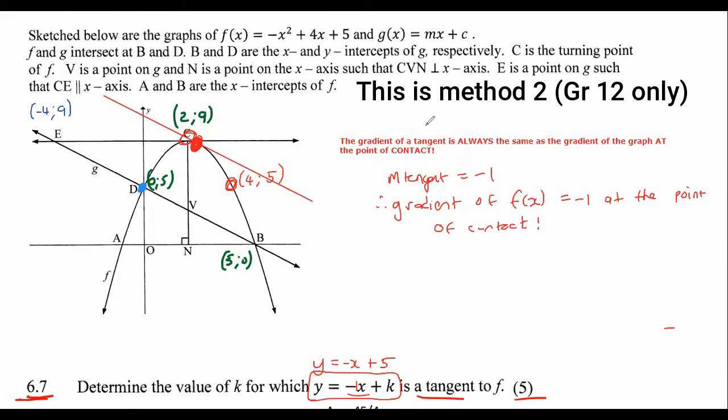Okay. Now, here's something else I want to add. Most of you understand this, but I'm just going to type it. To find the gradient of any parabola, cubic, or any other graph, we use the first derivative from calculus.